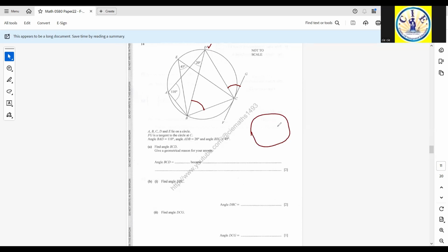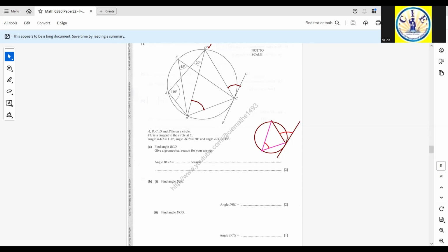Whenever there is a circle and a tangent touches it like this, and at the point of tangency, we draw a chord like this, then the angle made by this chord in the other segment is the same as the angle made by the tangent and the chord.